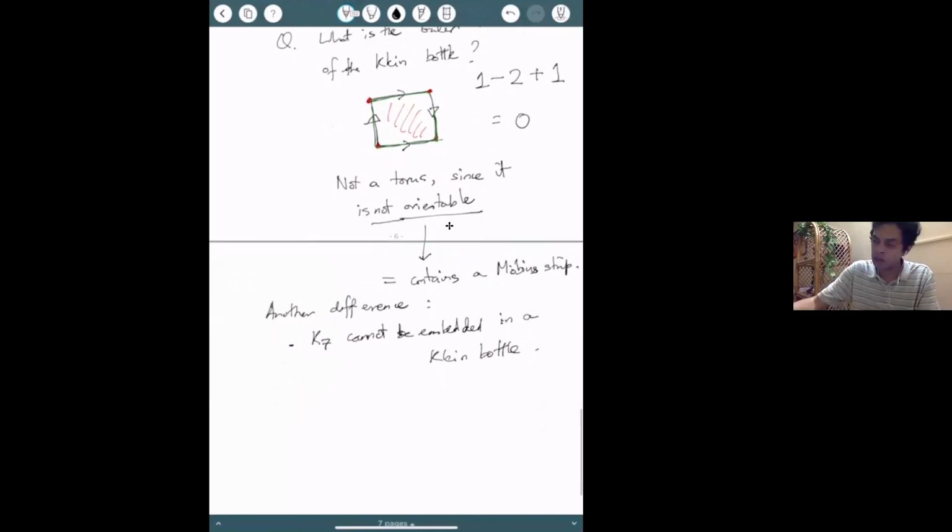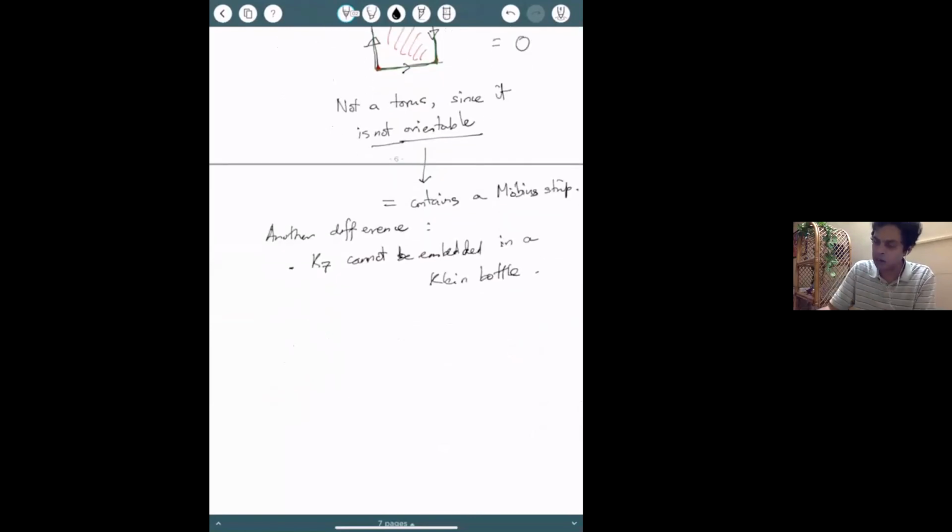Right. So by the way, let me ask another question. What other surfaces can you get from gluing sides of a square? So here's another way. I can glue this pair of edges, and let me not glue the opposite pairs.